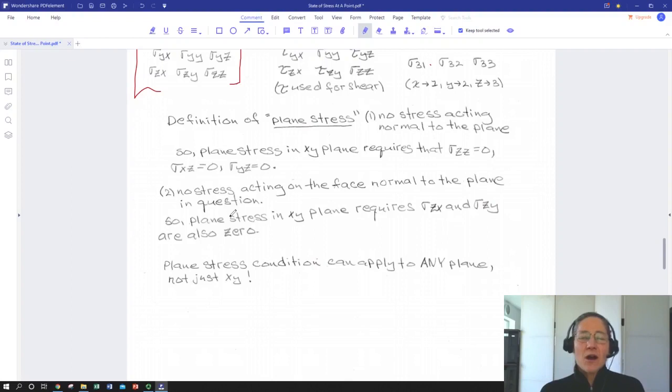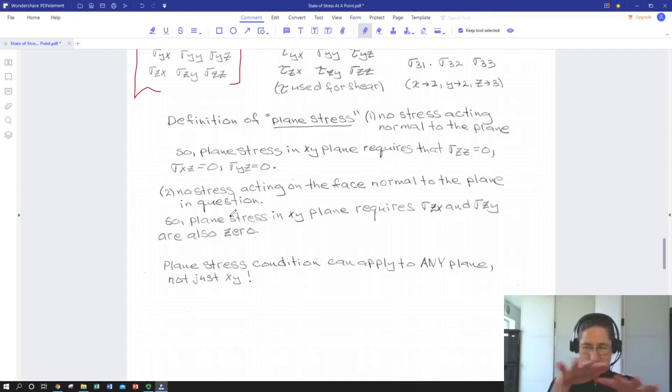Another common state that we encounter is what's called plane stress. That means the stress is confined to a single plane. It has two conditions. One, we have no stresses that act normal to the plane.